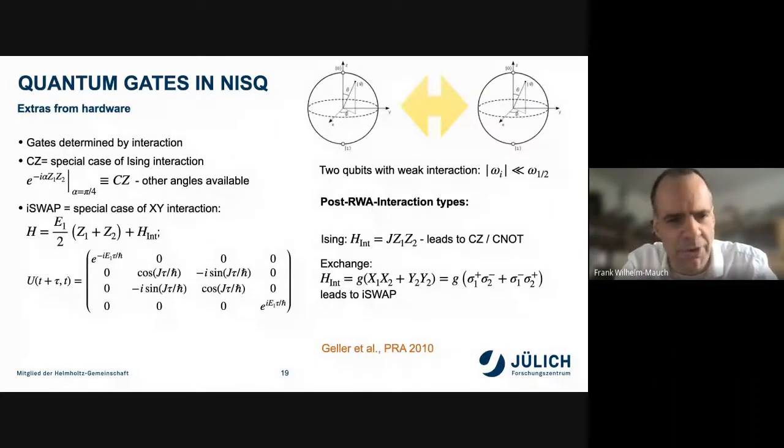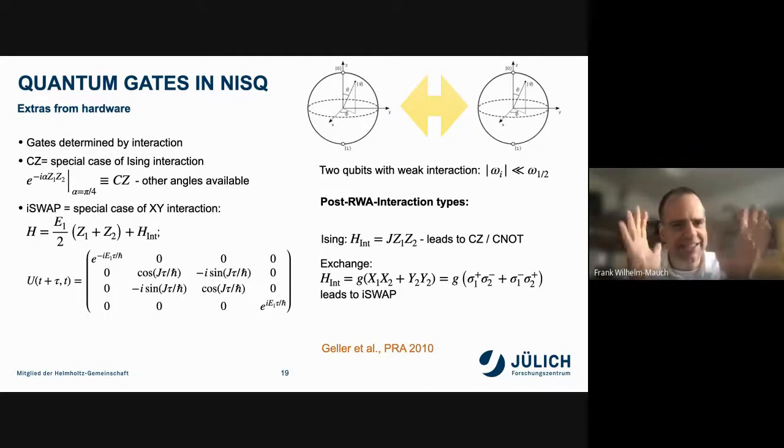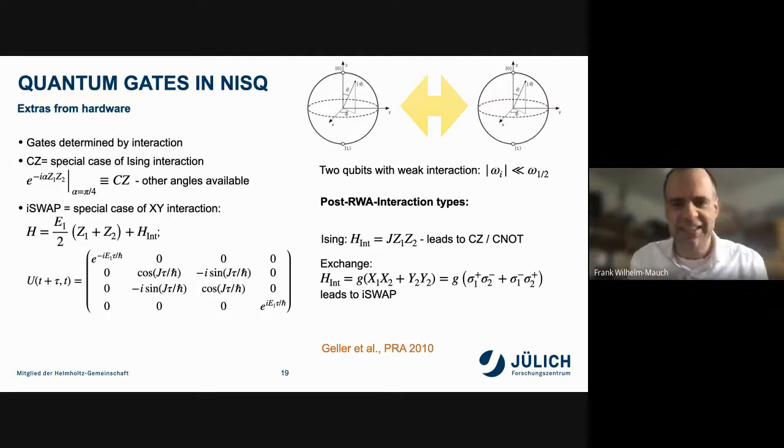Now, a bit more on hardware, because why do different people offer different gates? Well, that has to do with the physical interaction between the two qubits. There is the Ising interaction. That was a German guy. I pronounce him in German.